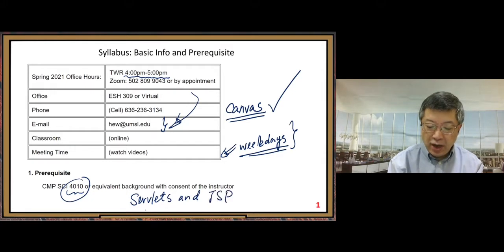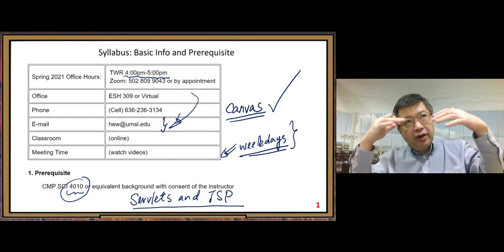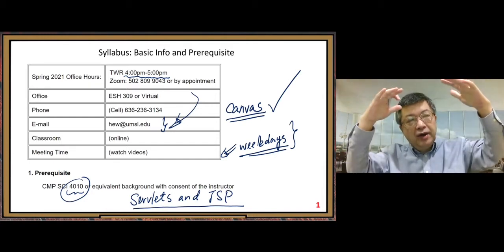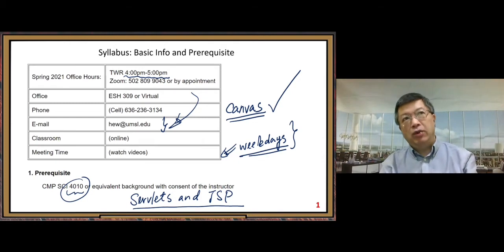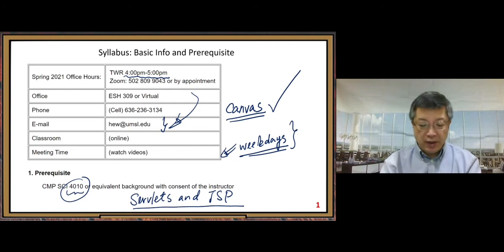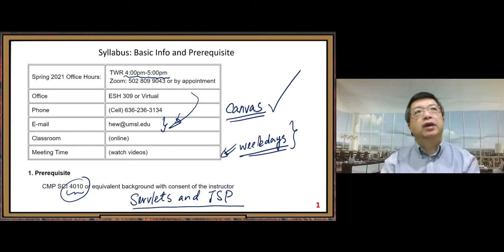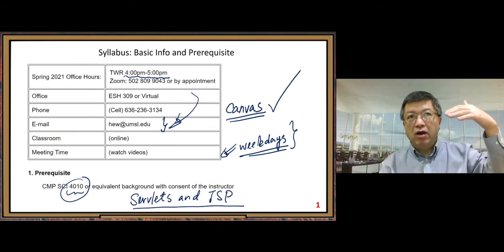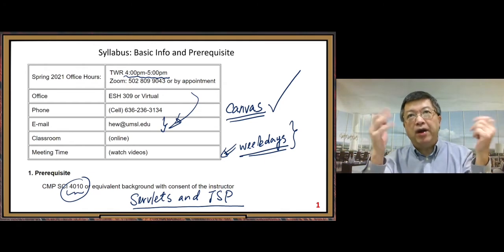This time we go another level higher of advanced Java technologies. Next slide, I will talk about the technologies. So make sure you have this background. I saw several students from my 4010 class last semester, so they are well prepared. I think they're ready.